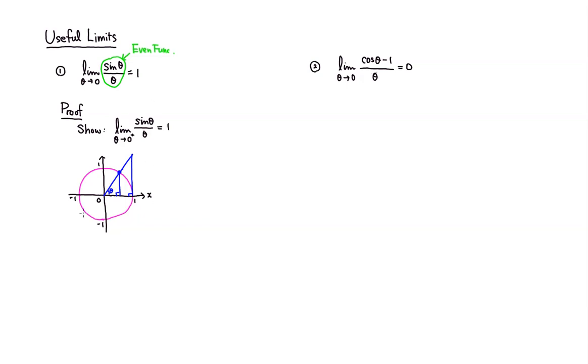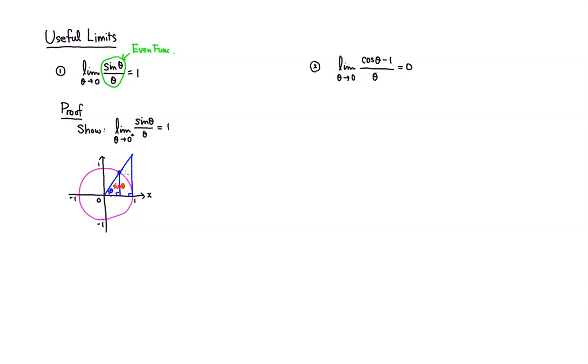So I'm going to draw a unit circle, and say this angle here is theta. Then we want to find sine theta. You can see that sine theta shows up as the y coordinate of the point on the unit circle, if you remember when you do a unit circle. So this length right here is sine of theta.